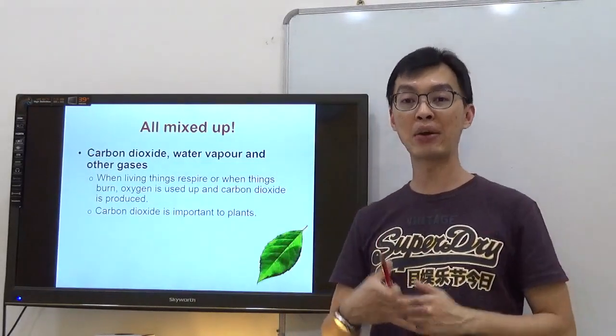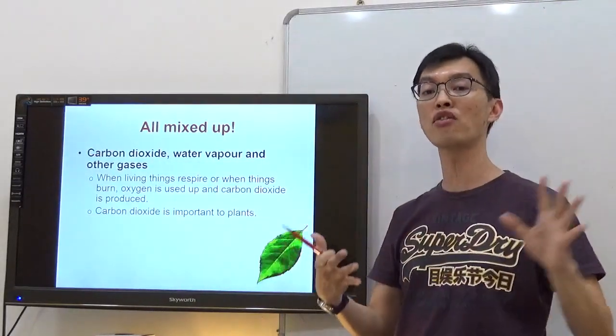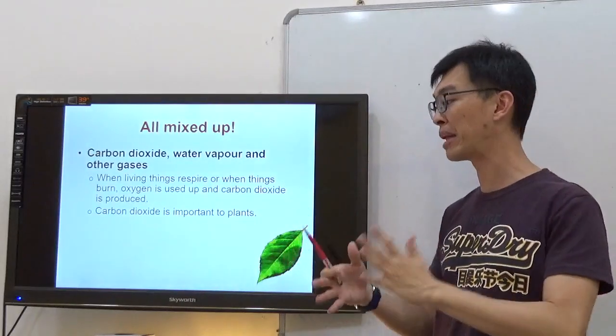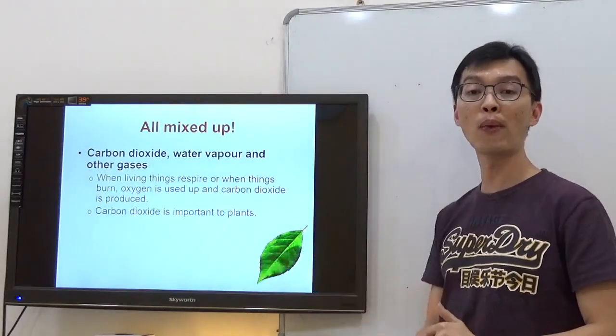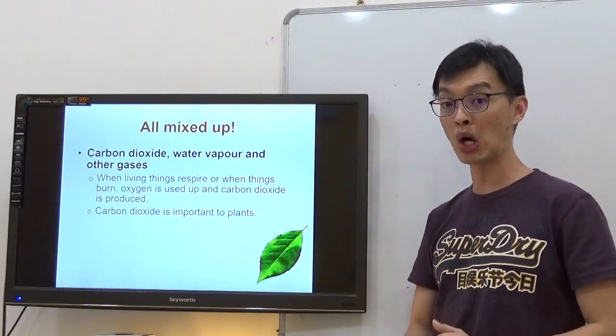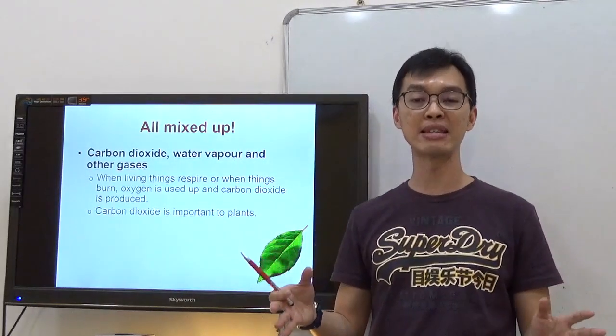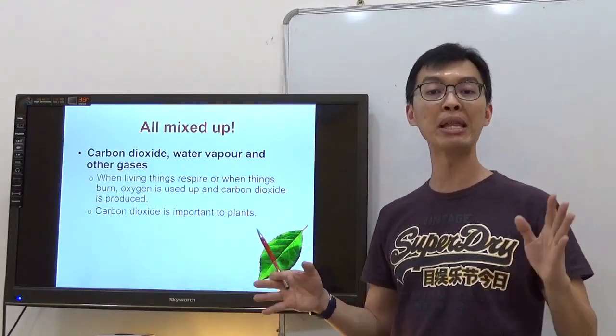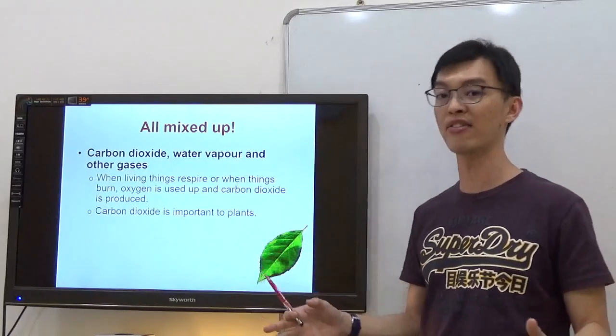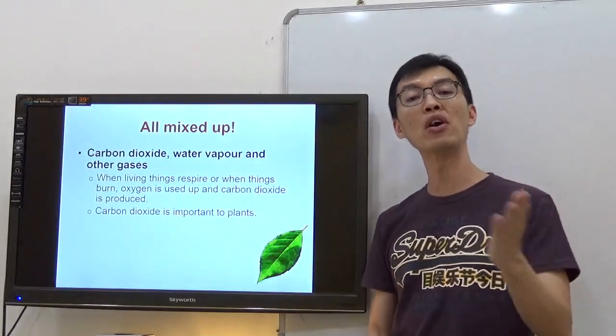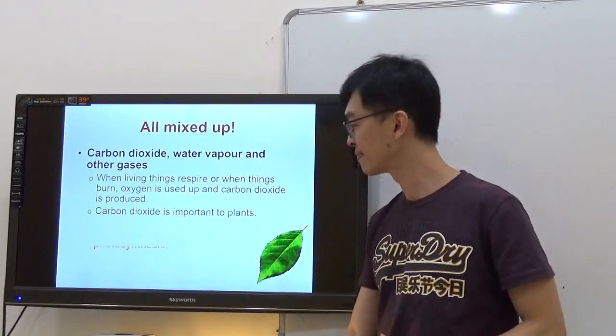Both carbon dioxide, whether from us or from burning things, will be used by the plants. Why do they need it? They need it for something called photosynthesis. This photosynthesis topic will be learned at the end of the year for P5 pupils because you're moving on to P6.